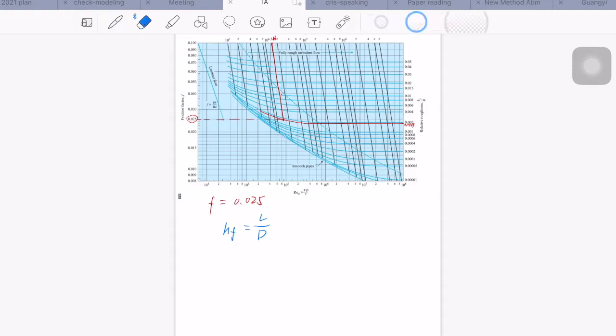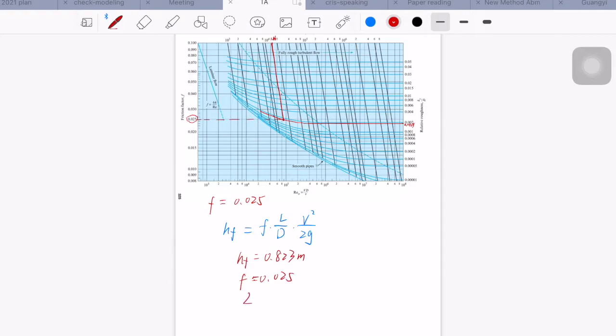And then we know HF should be equal to the F times L over D times V squared over 2G. And we know the HF is 0.823 meters, and the F is 0.025, and L is 30 meters.